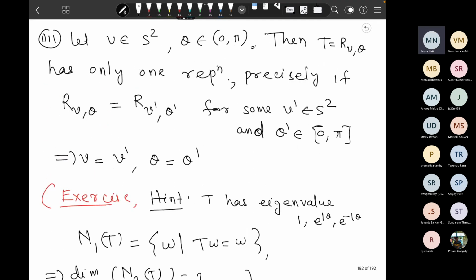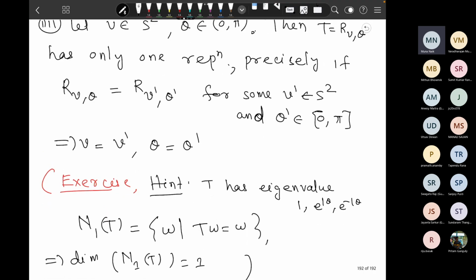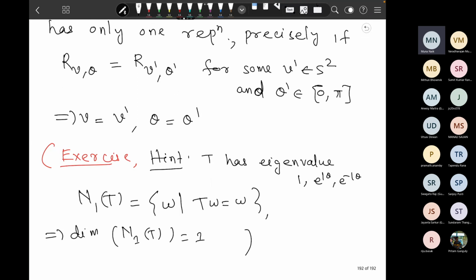Now if R(b, theta) is equal to R(b prime, theta prime), calling that operator T, it will fix both v and v prime, so v and v prime belong to N1(T). But you have taken v and v prime belonging to S2.